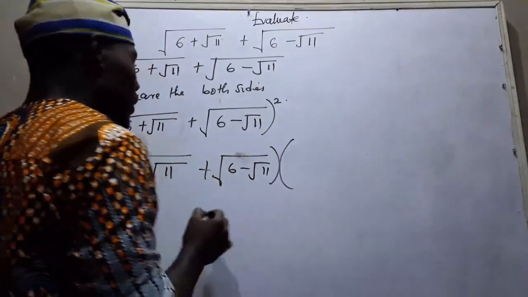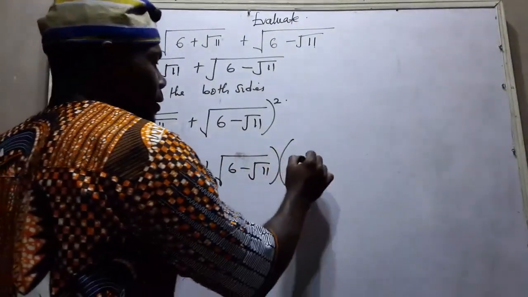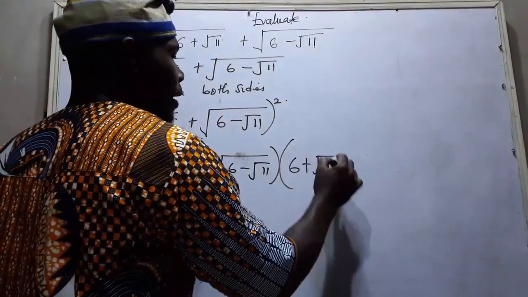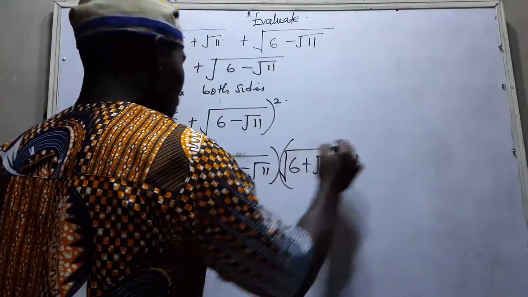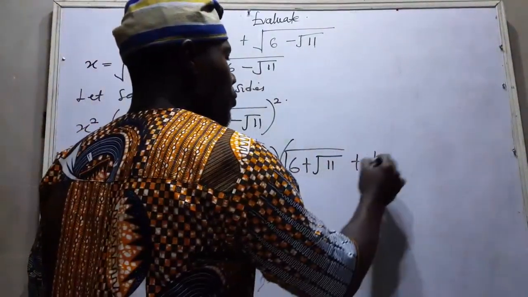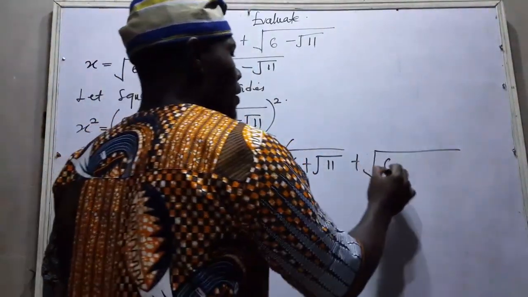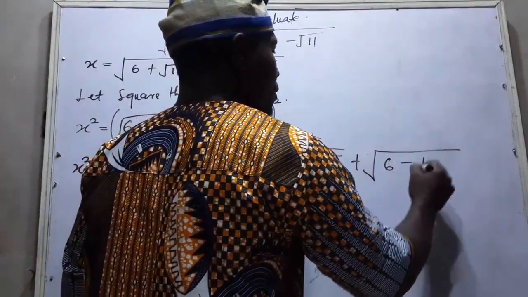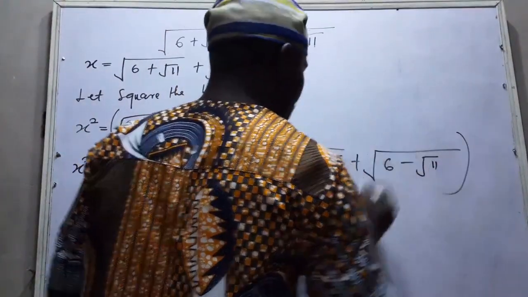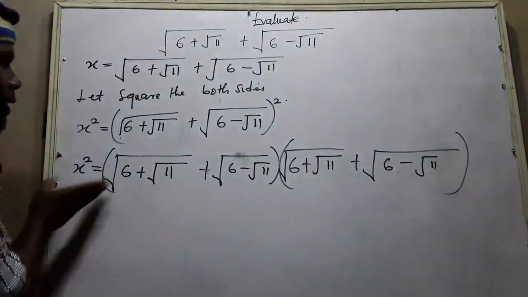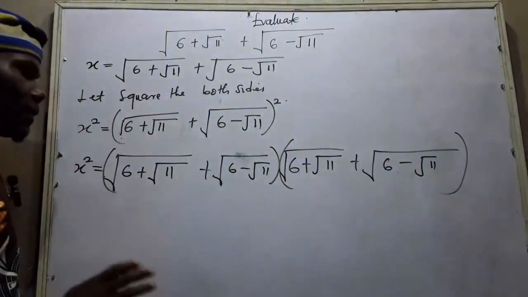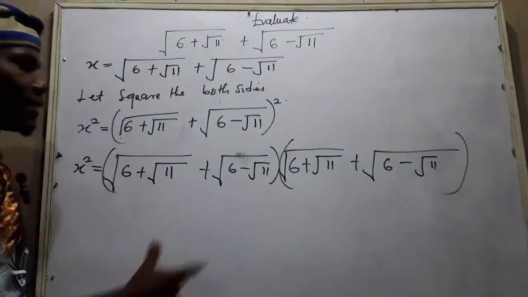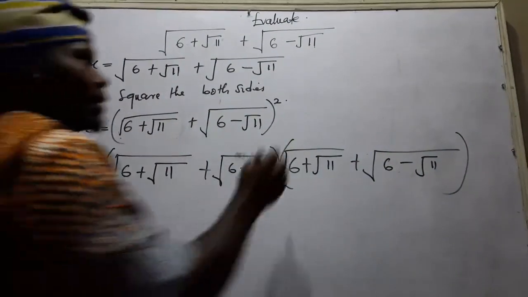you open a bracket, root 6 plus root 11 plus root 6 minus root 11. Now, this is the expansion of this. But before solving this, the first thing you are going to consider is this.